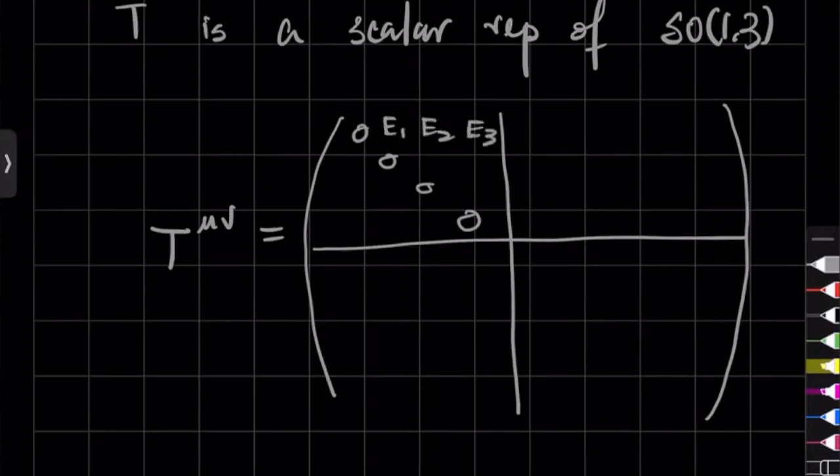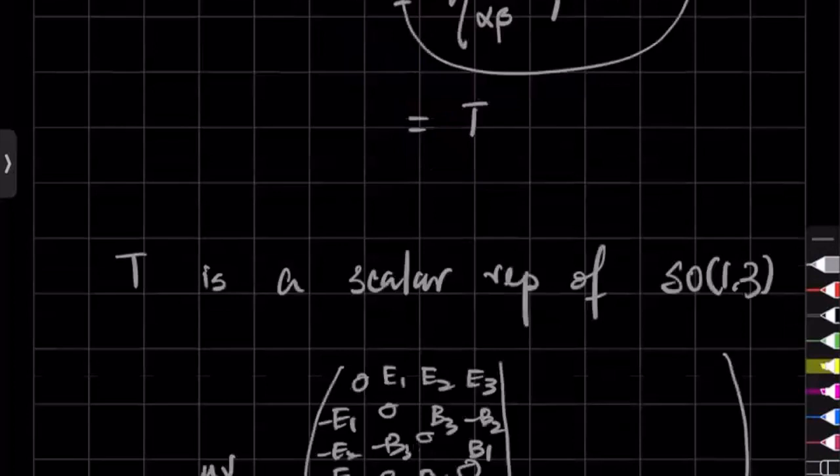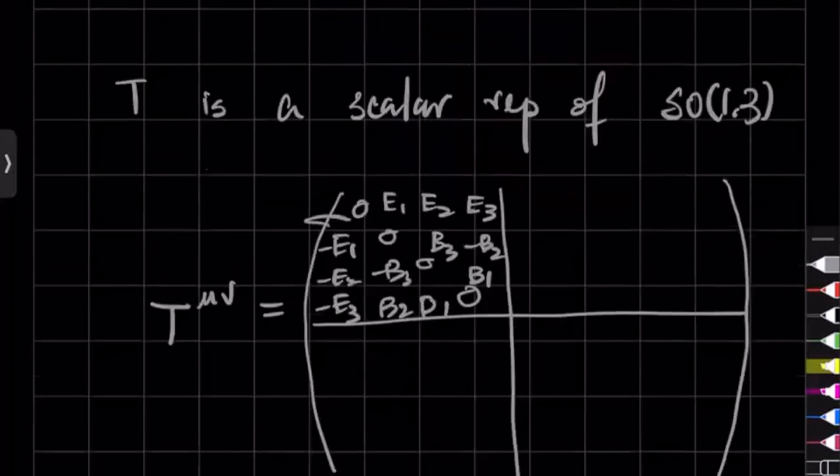I'm just giving them random names. B3, minus B2, B1, minus E1, minus E2, minus E3, minus B3, B2, B1. Okay, so this is the part which is the T antisymmetric, μν.